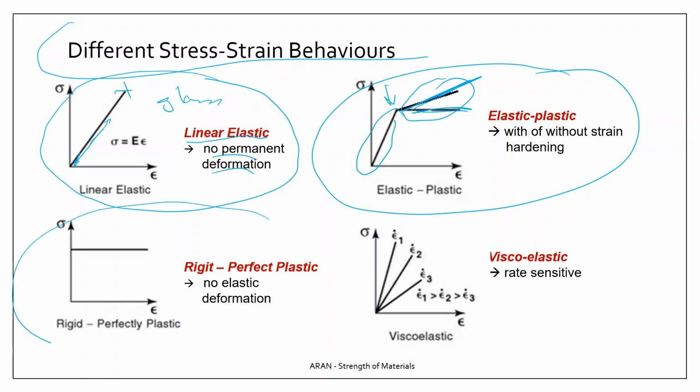Some materials are perfectly plastic. They don't have any elastic deformation. So you apply a force or stress, then deformation will occur. And if you release the load or the stress, nothing will recover. So the shape will still remain the same.